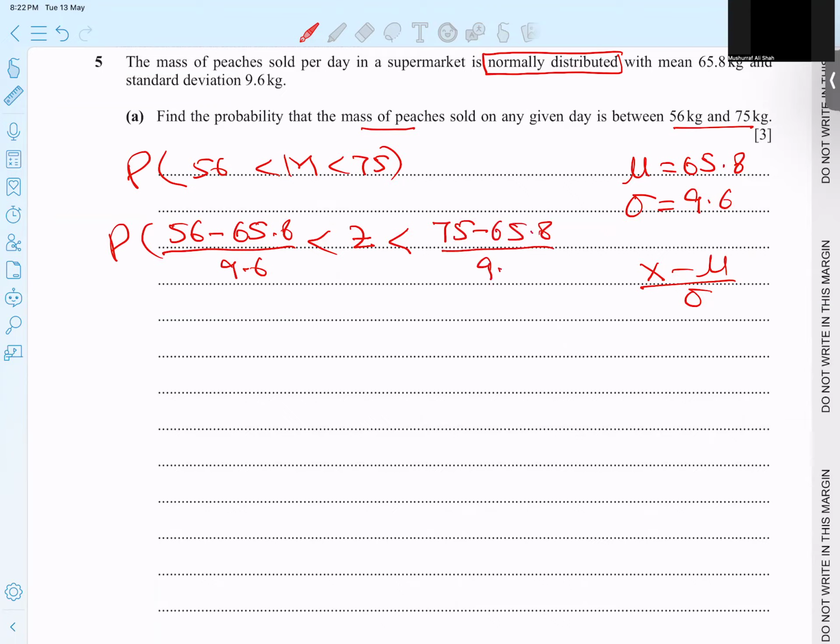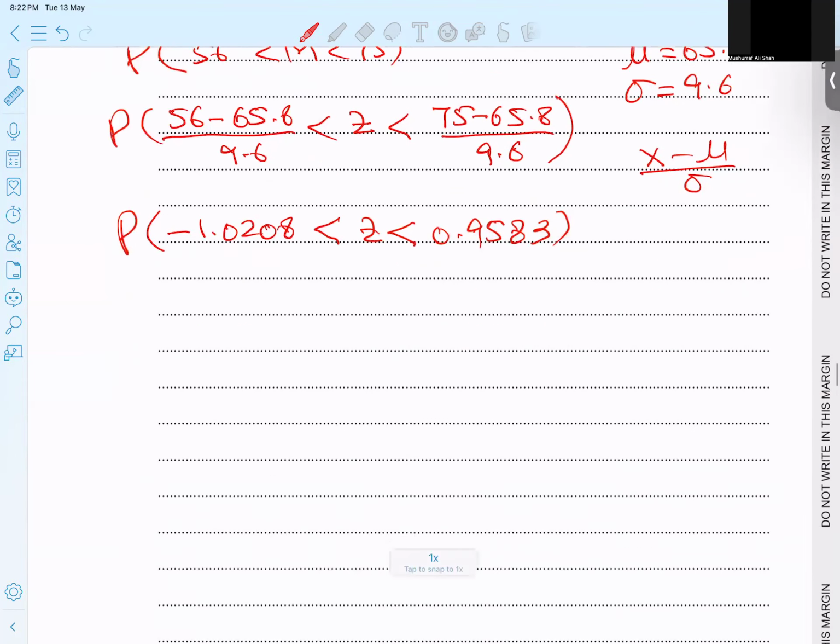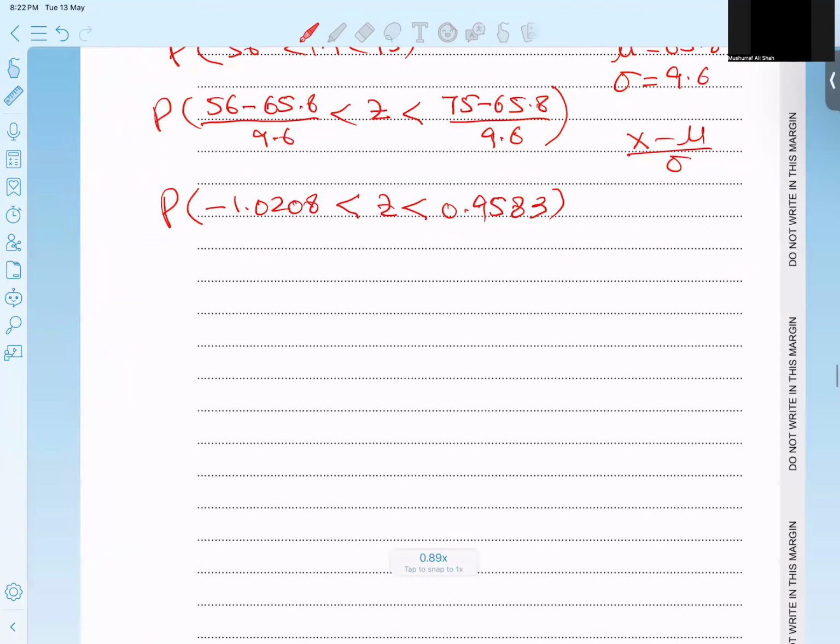Same time, we have to convert this letter X into letter Z. Now, students, if I type this in calculator, this value turns out to be negative 1.0208. I will convert into 3dp because, as I said before, we need 3dp. And when I type this in calculator, I'm getting 0.9583.